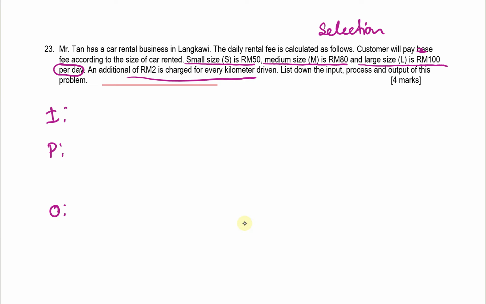It means the customer will pay fee according to the size of car rented. Let's say you want to rent the small size of car, so you have to pay 50 ringgit per day. Let's say you rent for 2 days, that means you have to pay 100 ringgit. So the condition here is, of course, the size of car.